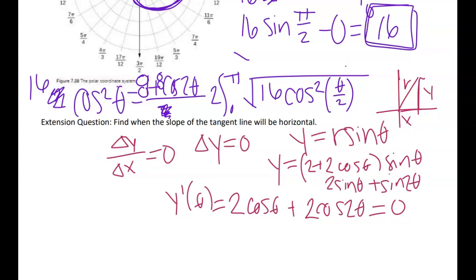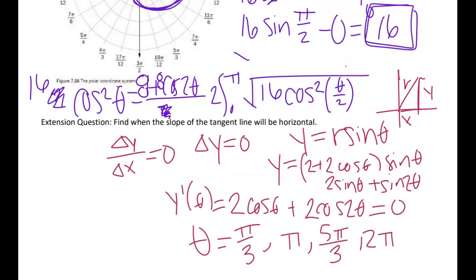That's going to be at pi over 3, pi, and 5 pi over 3. And then let's connect it up to the graph. And then again at 2 pi. No, I lied. 7 pi over 3. Okay.